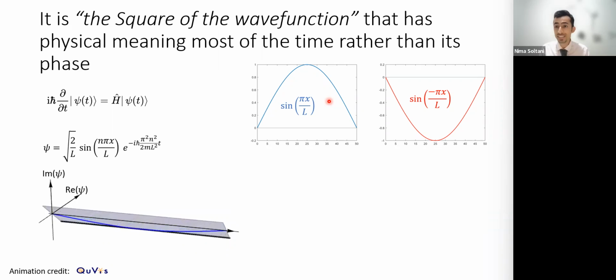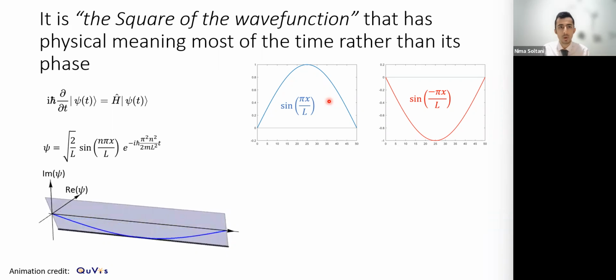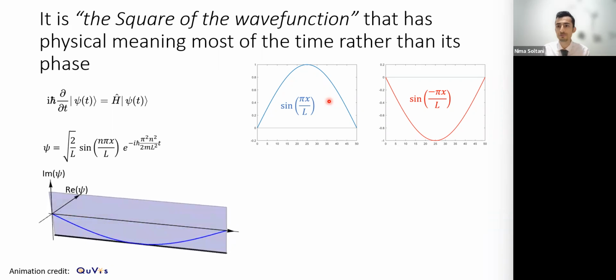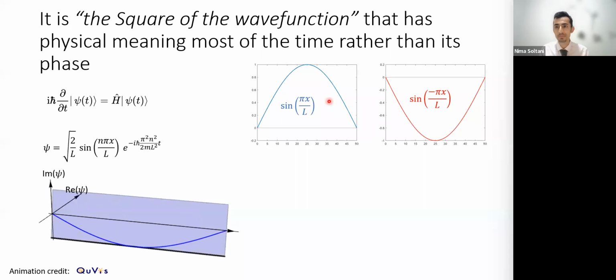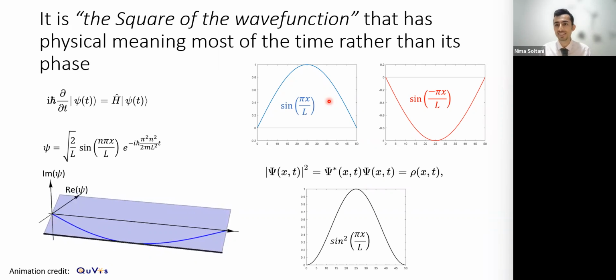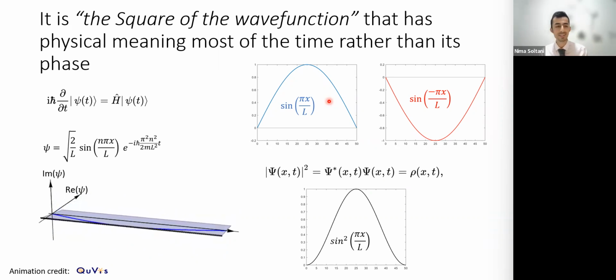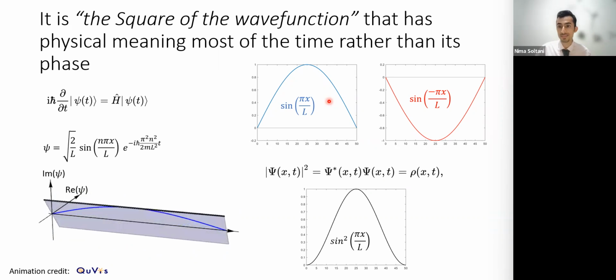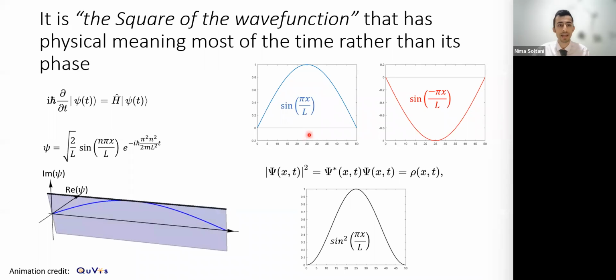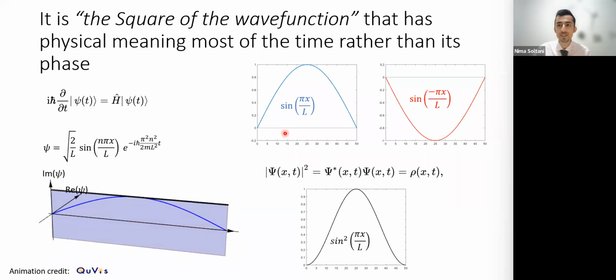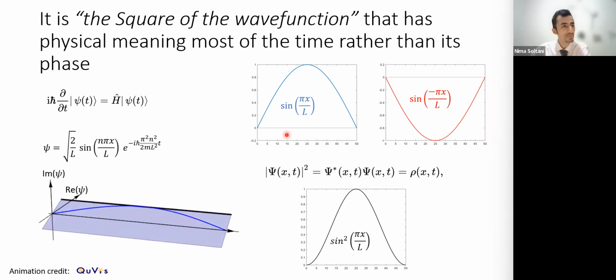However, in physics, as I mentioned before, what actually matters is not the phase of the wave function, but its square, which is the probability density of finding a particle. It will always come out positive. And it does not depend on whether the wave function is imaginary, positive or negative. It will have the same shape for its square value.